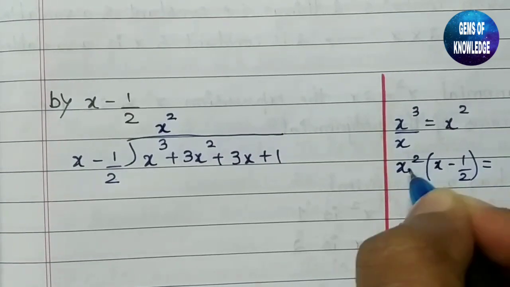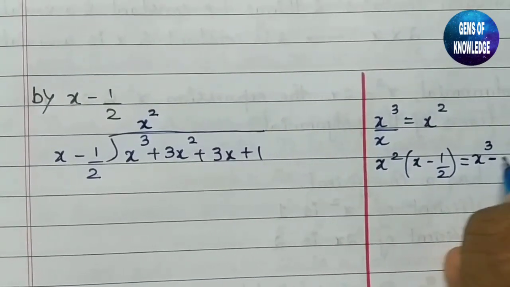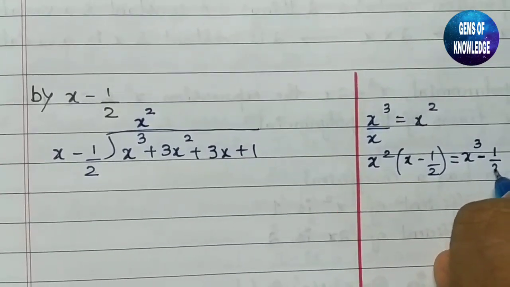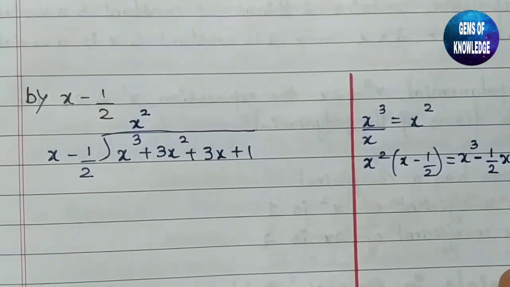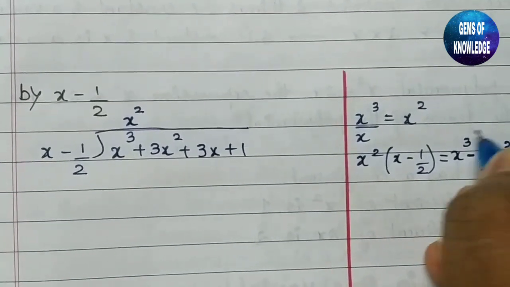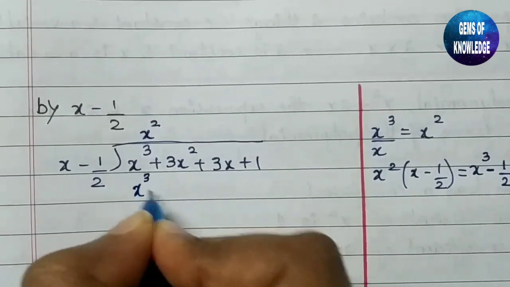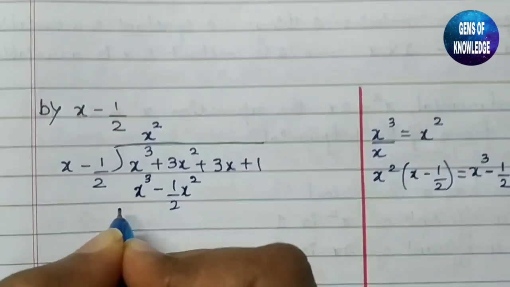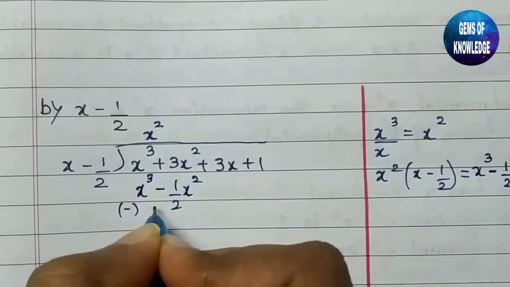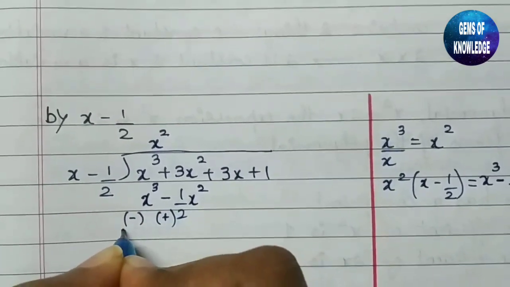So x square into x gives x cube, minus half, which we keep as it is, multiplied by x square. Now this whole term must be written below this, that is x cube minus half x square. By changing the signs, this becomes minus and this becomes plus.